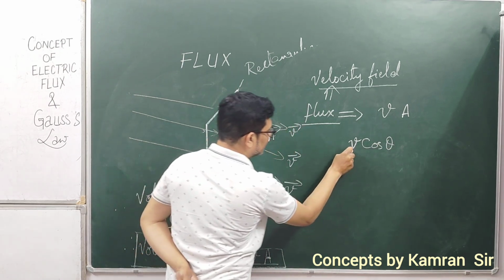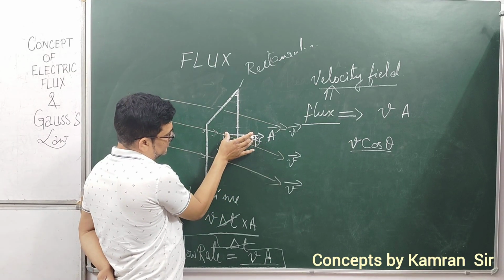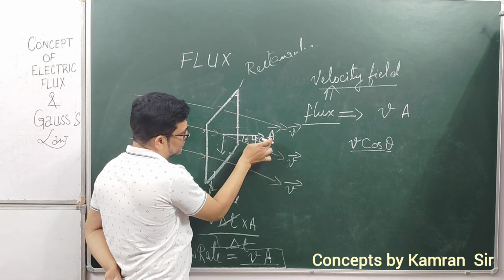This component V cos theta is the component of velocity in the direction of A.